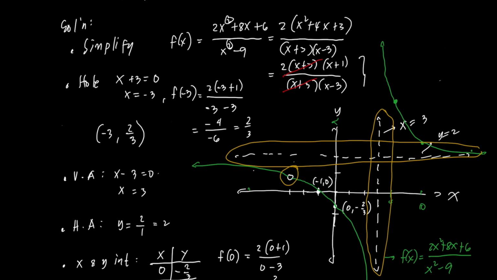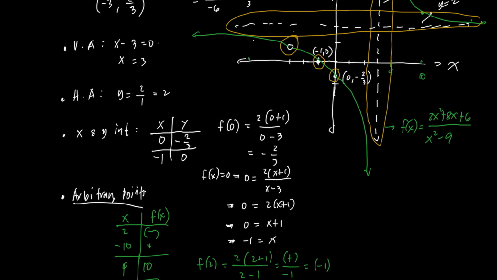We have a horizontal asymptote. We have a y-intercept. We have an x-intercept. And then we have located arbitrary ordered pairs by choosing arbitrary values of x.